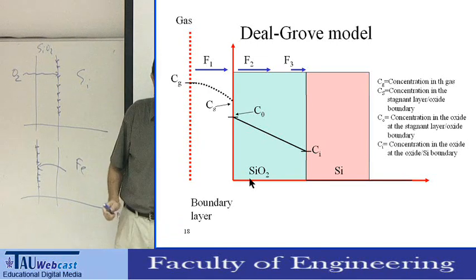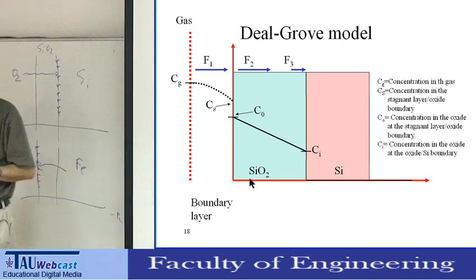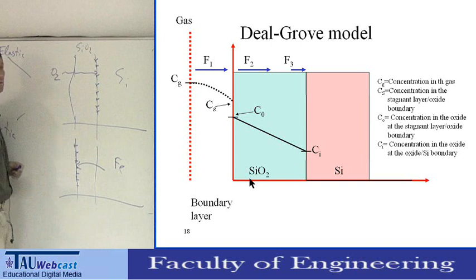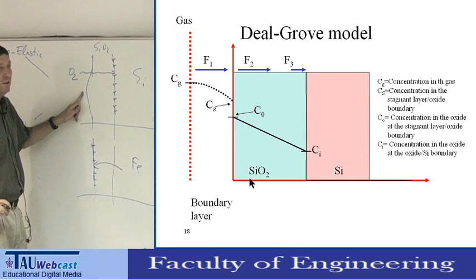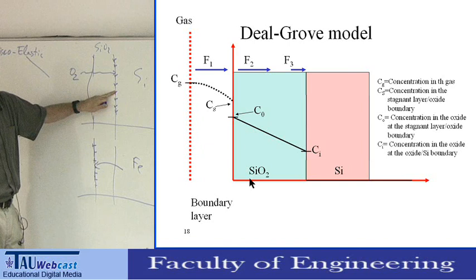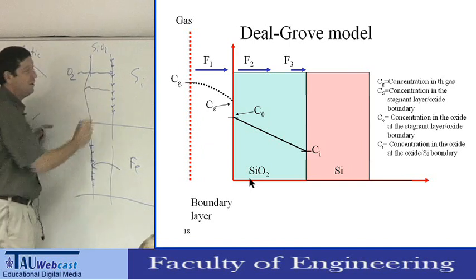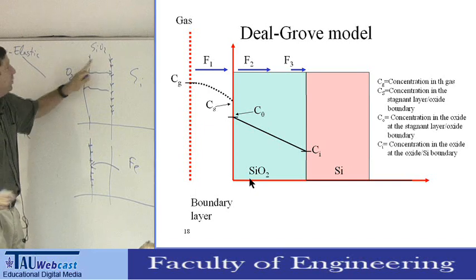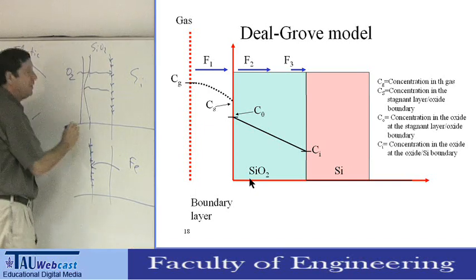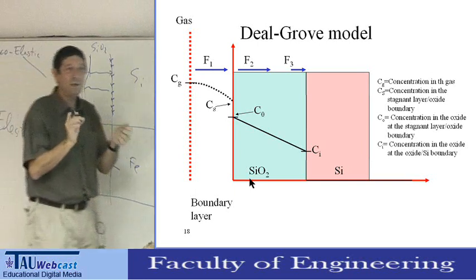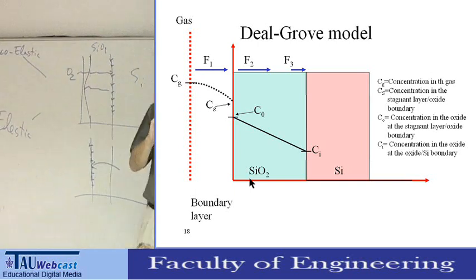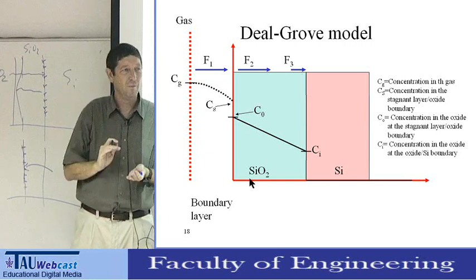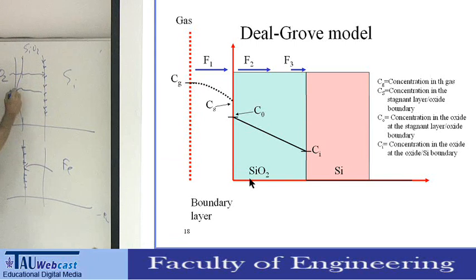The reason it's uniform is that if for some reason we got a thicker oxide here, the reaction here becomes slower because the diffusion distance is longer, and the reaction elsewhere becomes faster. So after a while, it becomes straight again. If by accident a place has a slightly thicker oxide, the reaction rate goes down because the diffusion is now longer.